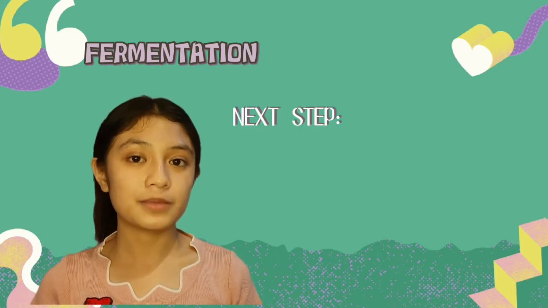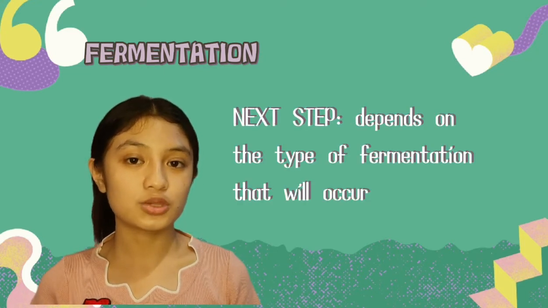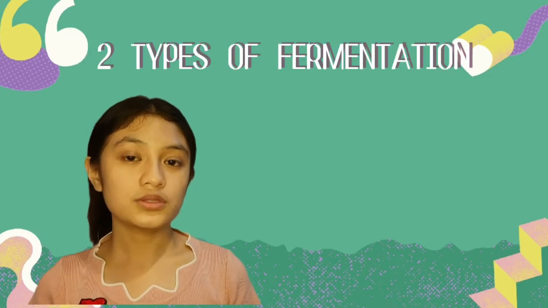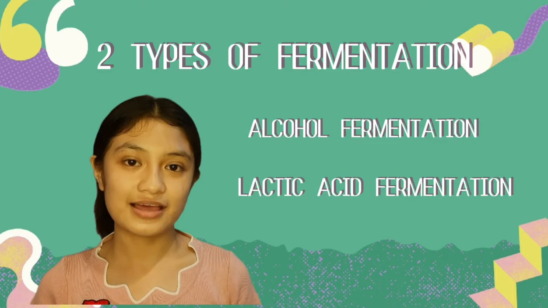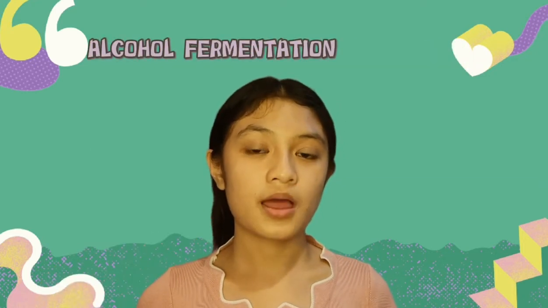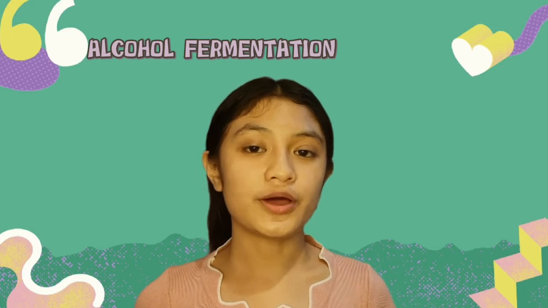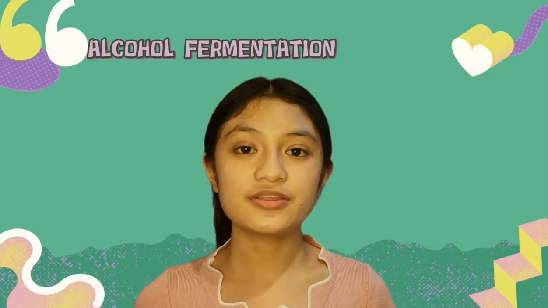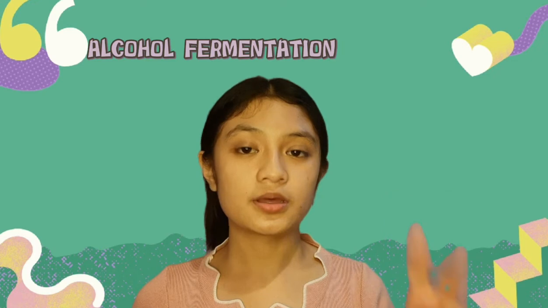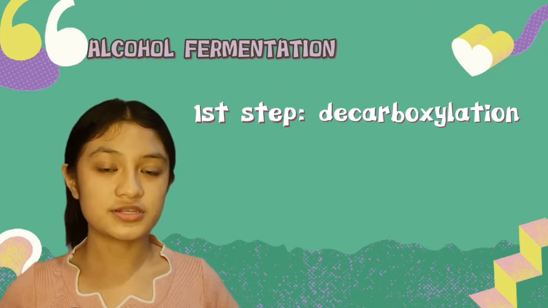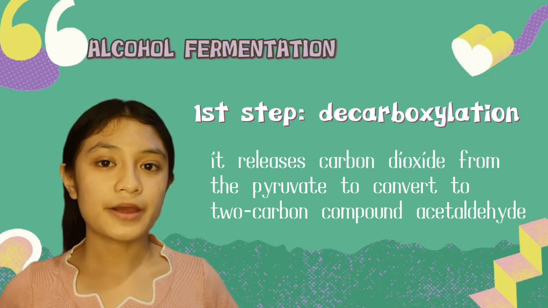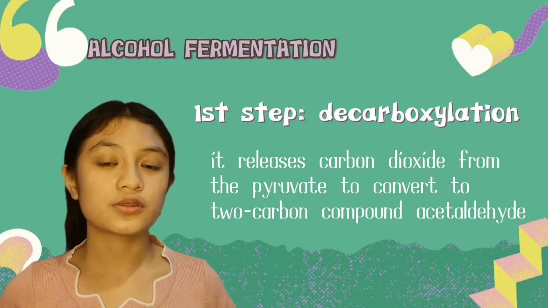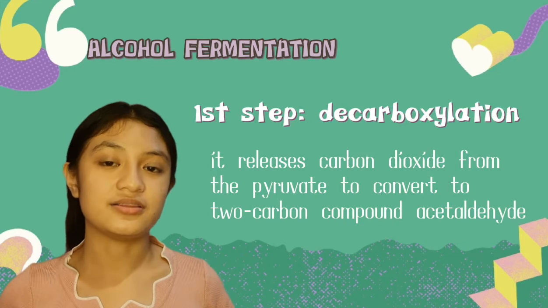The next step depends on the type of fermentation that will occur. There are 2 types of fermentation: alcohol fermentation and lactic acid fermentation. In alcohol fermentation, pyruvate is converted to ethanol, also known as ethyl alcohol, in 2 steps. The first step is decarboxylation, wherein carbon dioxide is released from the pyruvate, which is converted to the 2-carbon compound acetaldehyde.